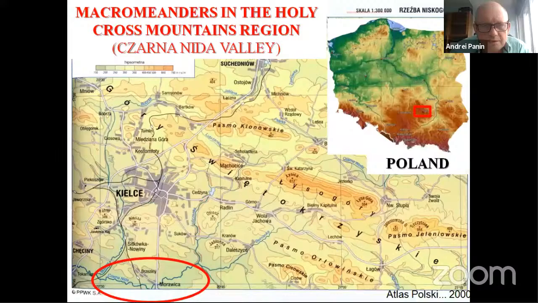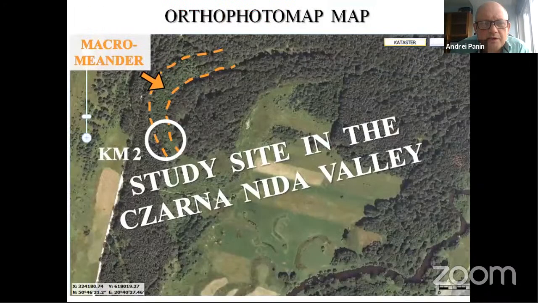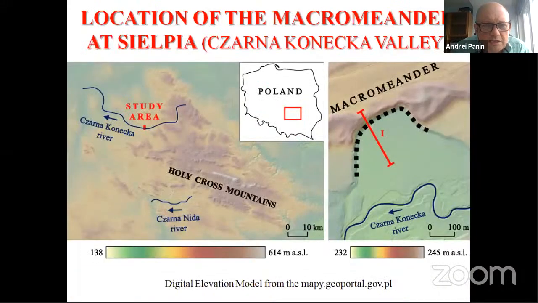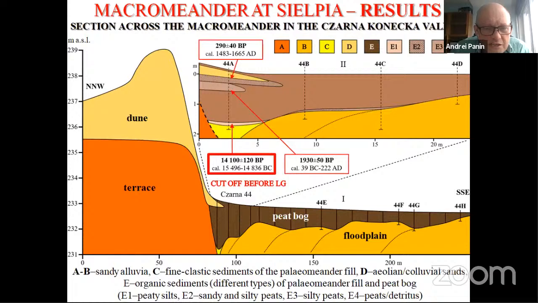This dating is calibrated. And the dates from the last macromeander here are 14,000 uncalibrated. It is even before the start of Bølling, I suppose. Is it the oldest macromeander in Poland?